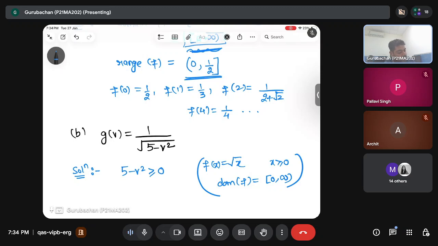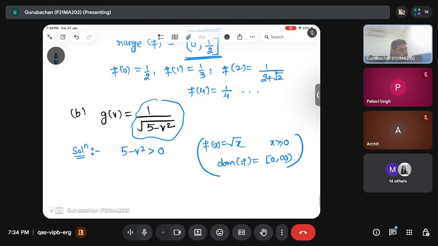But here it is in the denominator. In the denominator you cannot consider 0. Correct? So it should be strictly greater than 0. So if it is greater than 0, that means 5 must be greater than v square.